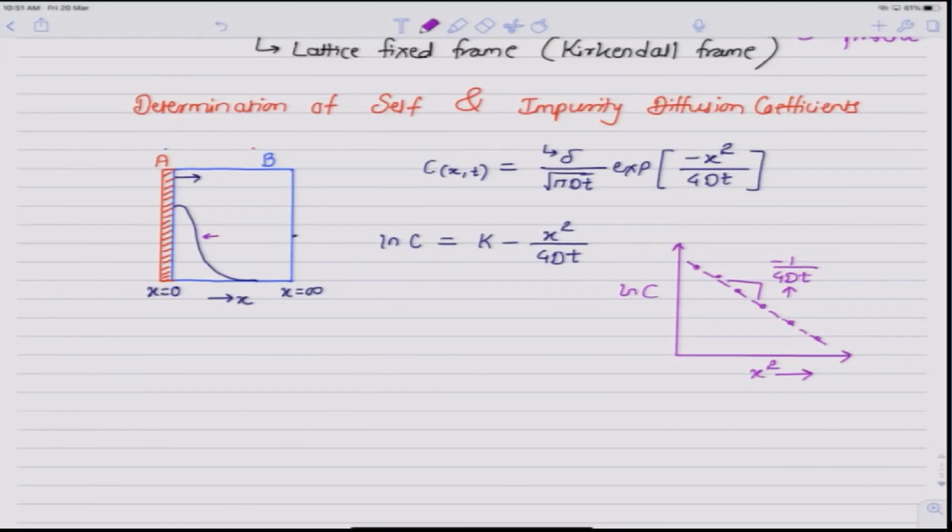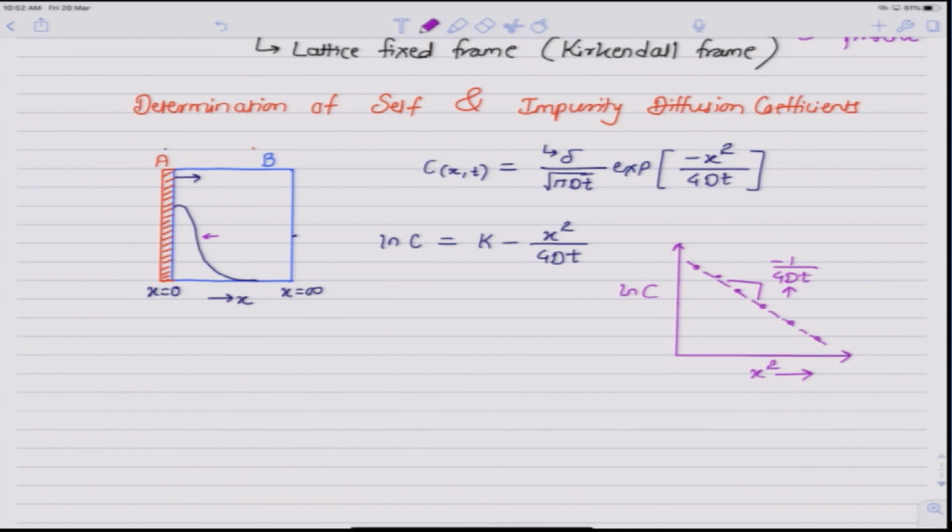This is true if the initial thickness deposited of A is very small, close to 0. Now, when this is true, we are dealing with diffusion of A in a very dilute solution of A in B. That means we are dealing with impurity diffusion of A in B. So, with this geometry, what we are going to get is the impurity diffusion coefficient of A in B.